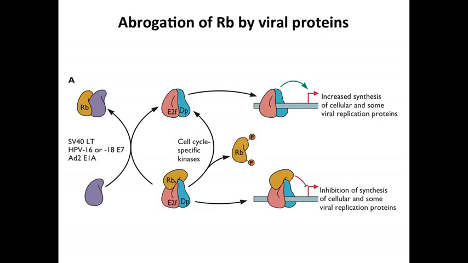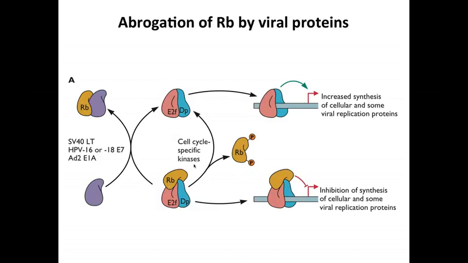So as long as the conditions in a cell are not right for cell division, RB will sit on here and prevent cell division. Now, when the conditions are right, and the meaning of right is complicated, and we don't have time to go into it now, RB will be phosphorylated by cell cycle-specific protein kinases.